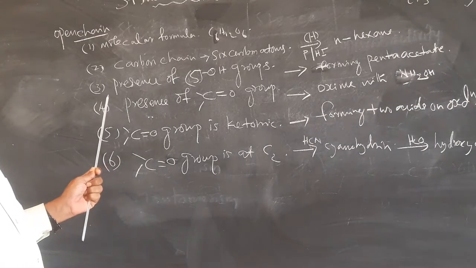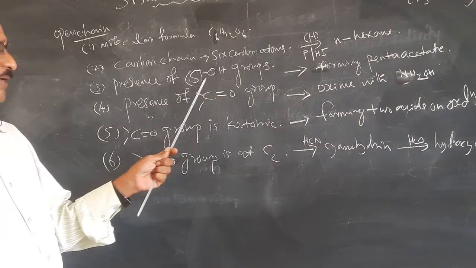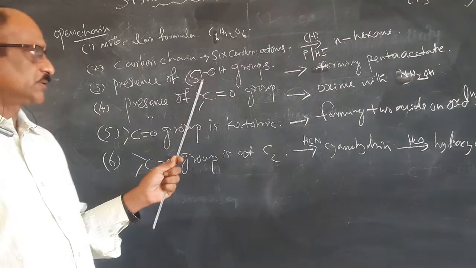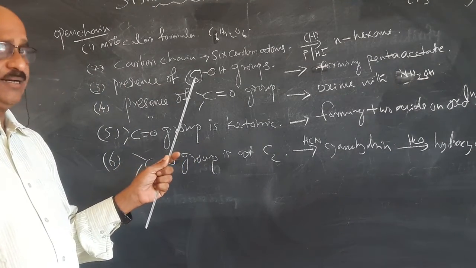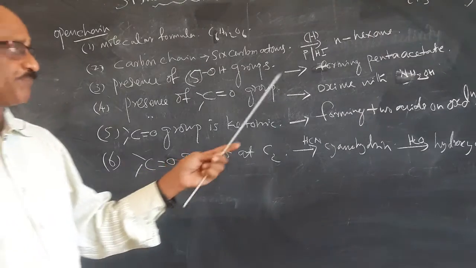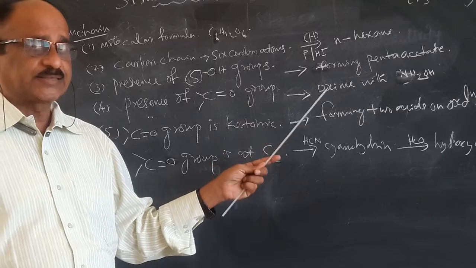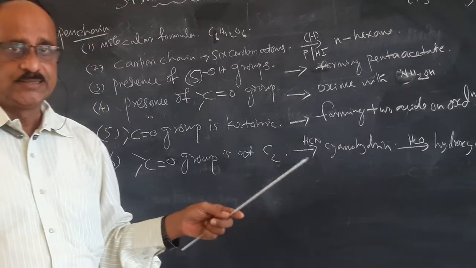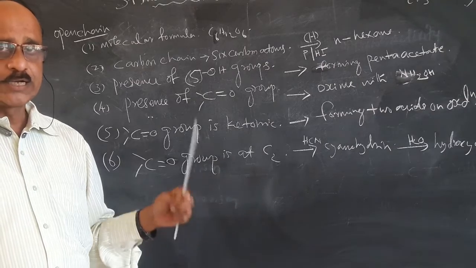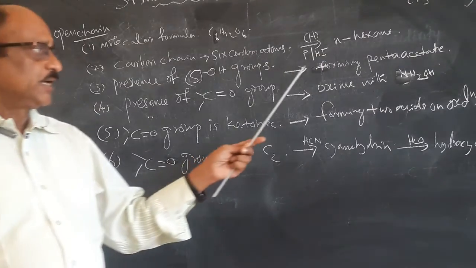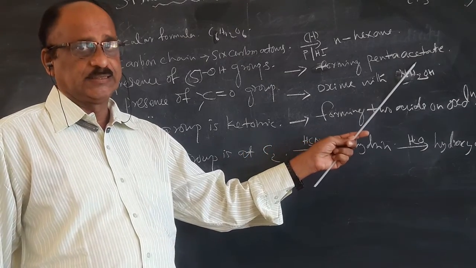Okay, the next point is the presence of 5 OH groups. Just like in the case of glucose, fructose also contains 5 OH groups, which can be studied by the reaction of acetylation, that is, with acetic anhydride. When you treat fructose with acetic anhydride or acetyl chloride, you get a pentaacetate.